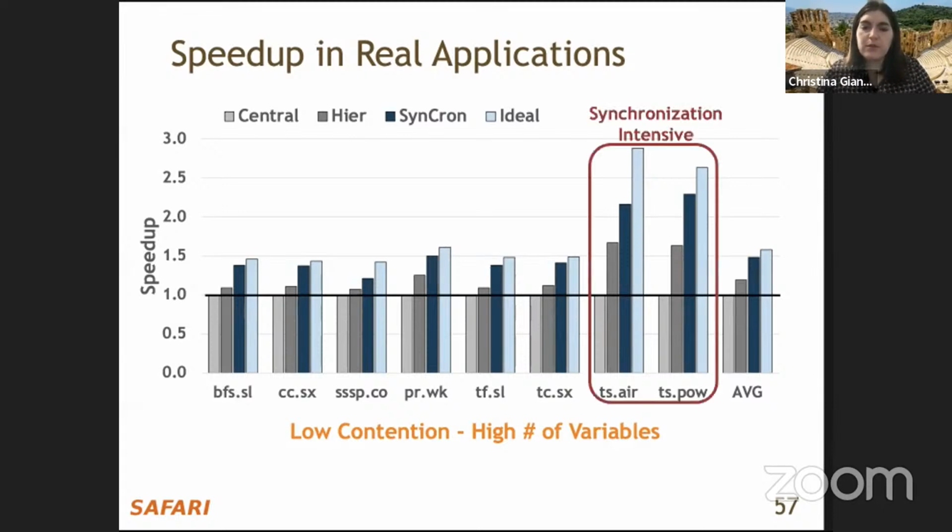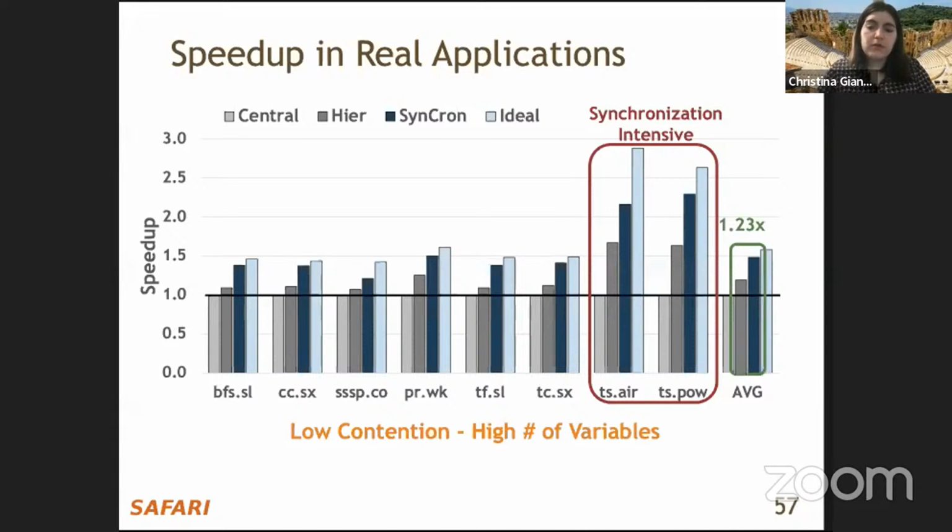And we also observe that the time series analysis is a synchronization-intensive application because the ratio of synchronization over the other computation of the workload is high. In synchronization-intensive applications, Synchron even further outperforms prior message passing schemes, as the synchronization portion is higher in the total execution time.